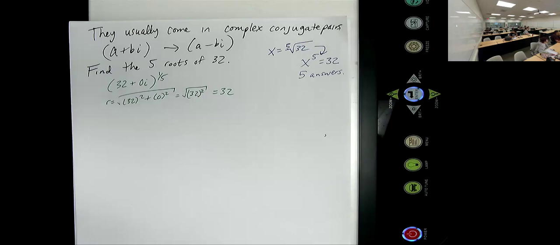It might be 1,096. No, it ends in a 4. Hold on. 1024. Yeah. Go back to 2 to the 5th power and just do 2 to the 10.